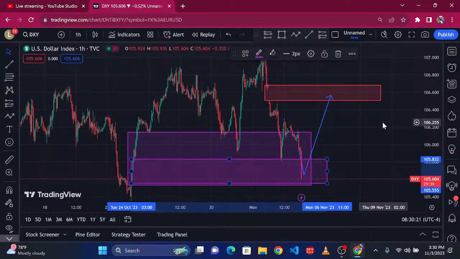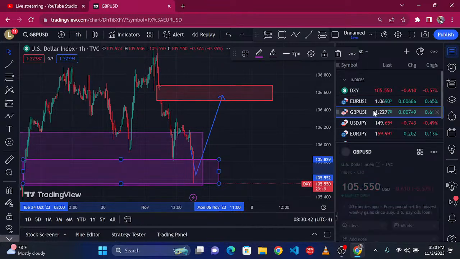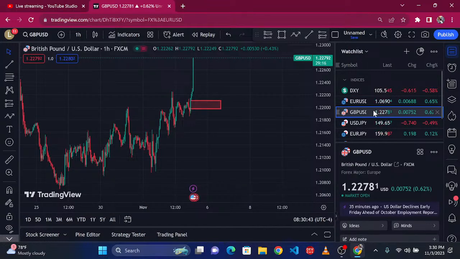So let's see. Let's first look at other currencies. GBPUSD buying.